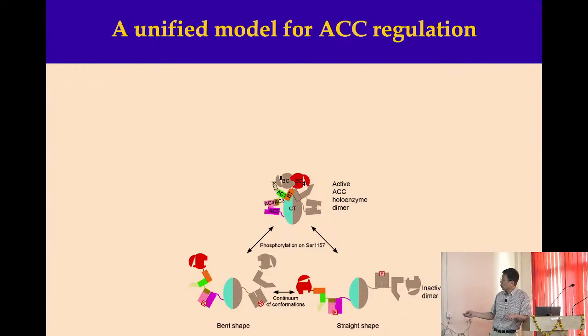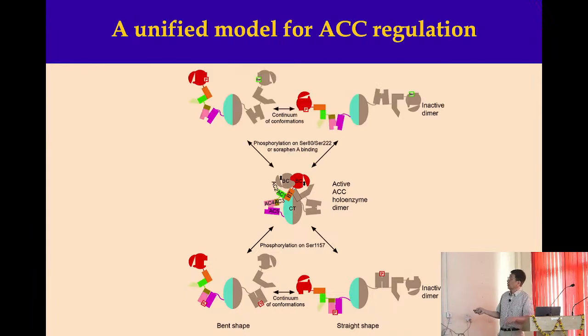So if you phosphorylate the middle here, which is right here, you cause a large conformational change, and then the BC dimer falls apart. Once the dimer falls apart, I showed you earlier the conformational change in the BC dimer interface and also the active site, so the enzyme is inactive. You get either this elongated form or this curved bent shape, but both are the same, essentially. And then the top part is the same as what you saw earlier.